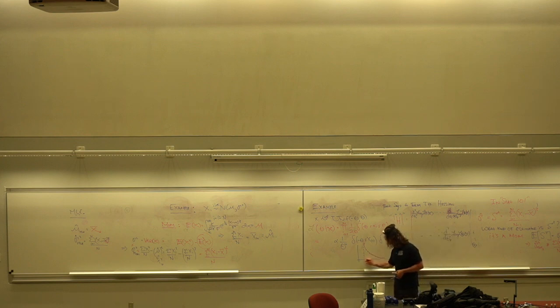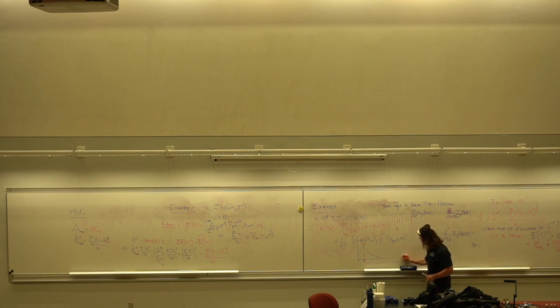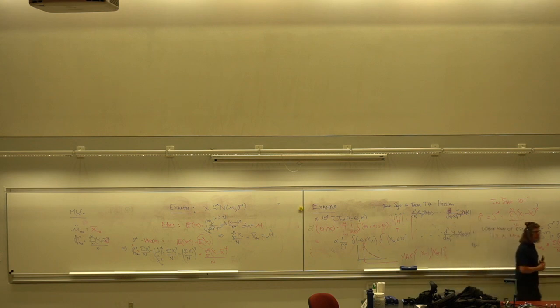Anybody know what this value is? This is going to be the maximum of the absolute value of x1 and the absolute value of xn. So whichever one is bigger in magnitude, that's your best guess at what theta is.